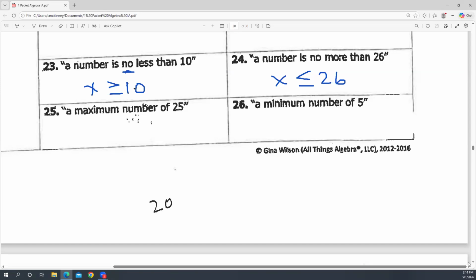So a maximum of 25 is kind of like a limit. So we would want it to be less than or equal to 25. 25 is the highest, so the symbol is open to the 25. And minimum means the opposite. It means the lowest possible. So it would actually be numbers that are greater than or equal to 5.